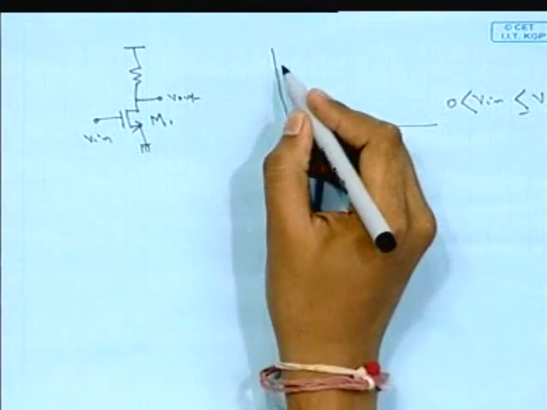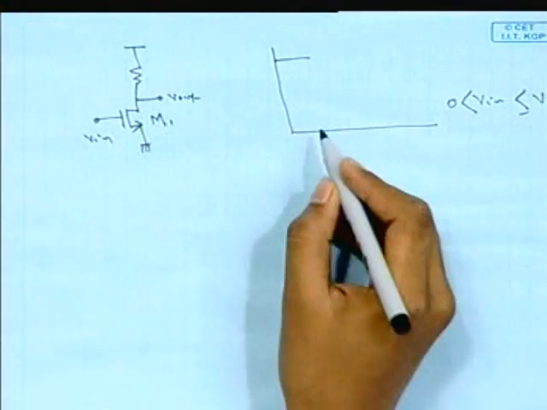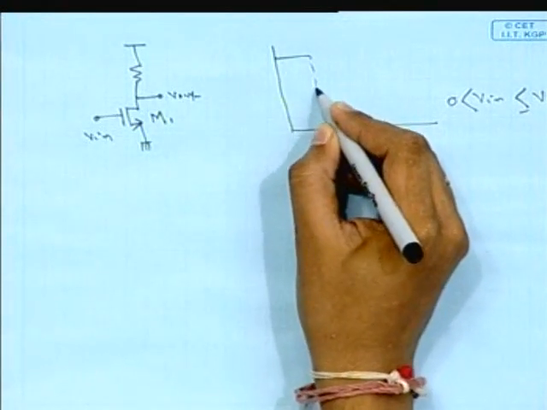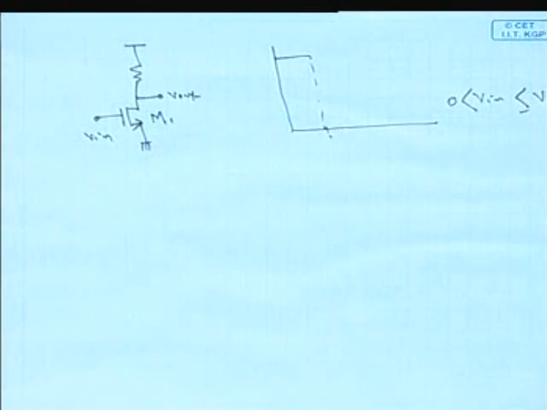So, the Vout will be connected to the VDD and the output voltage is nothing but VDD, whenever the Vin is up to VTH. Now, whenever the Vin is greater than VTH, it may be 0.1 volt greater than VTH, then it will turn on.